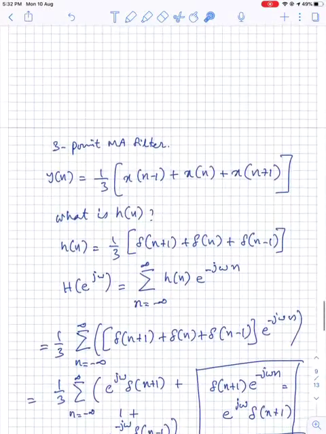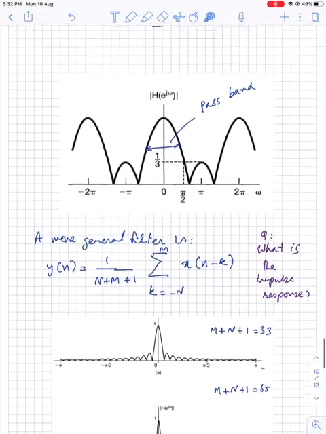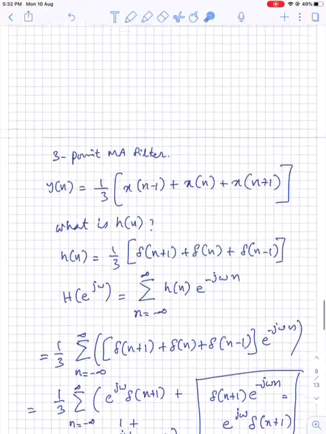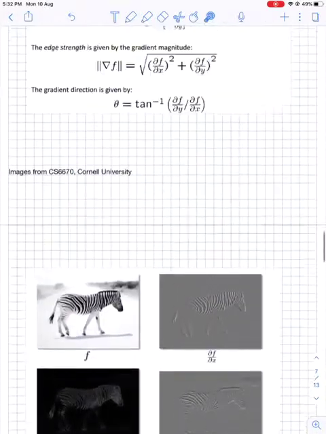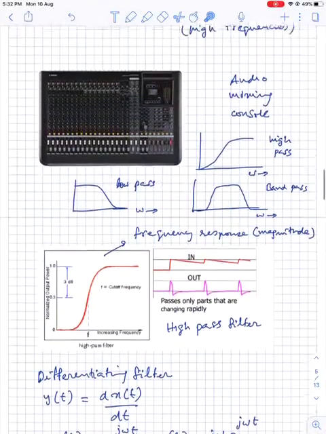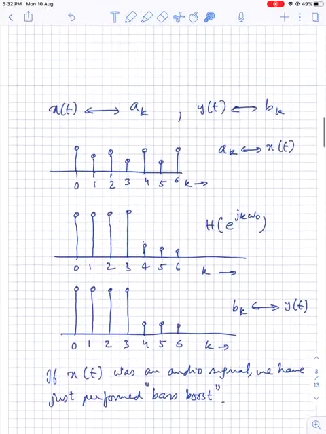We have only touched upon these topics, but I hope you got the essence of how useful the Fourier series is, and how the output can be manipulated by manipulating the frequency response of the system.